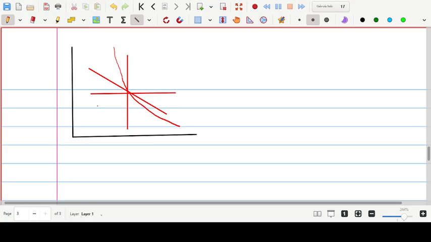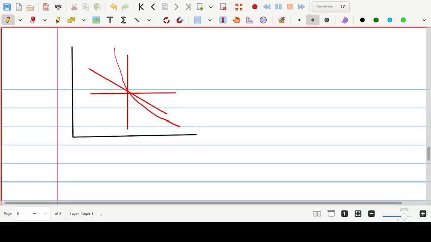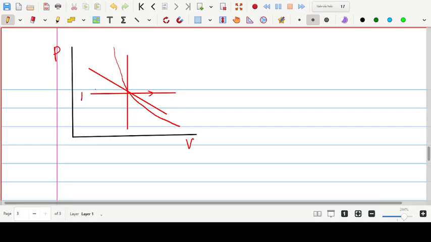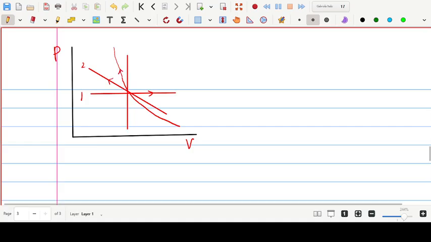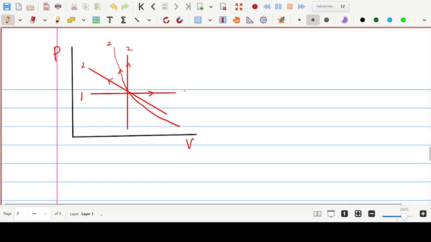Okay, so in this case we have our PV diagram. P is pressure, then V is the volume. Points 1 and 2.